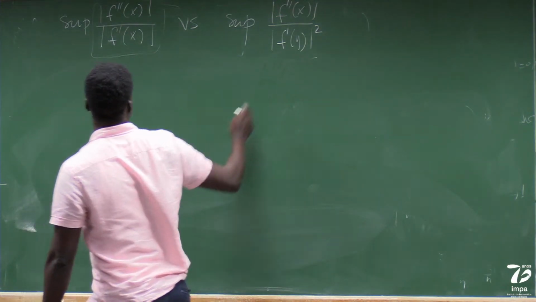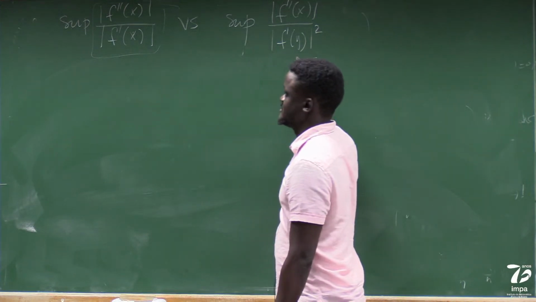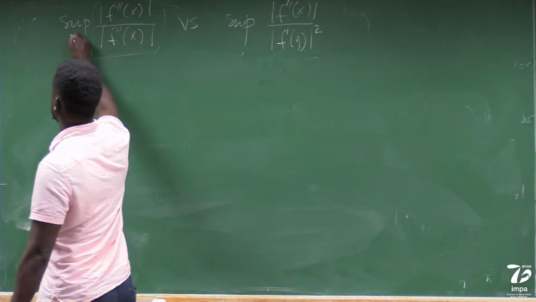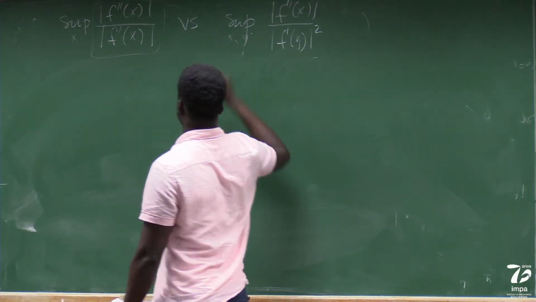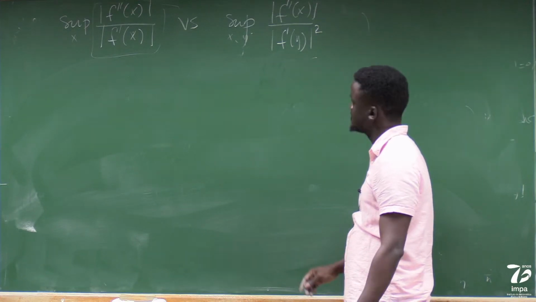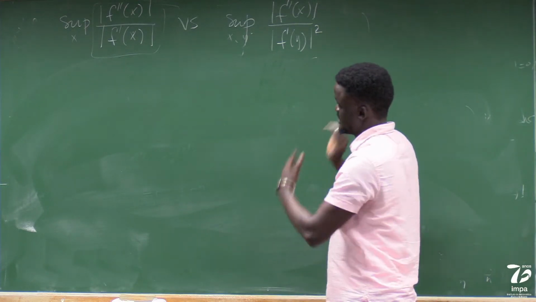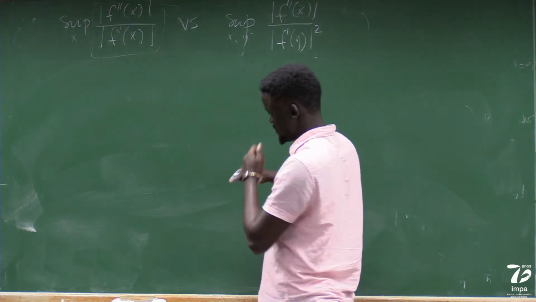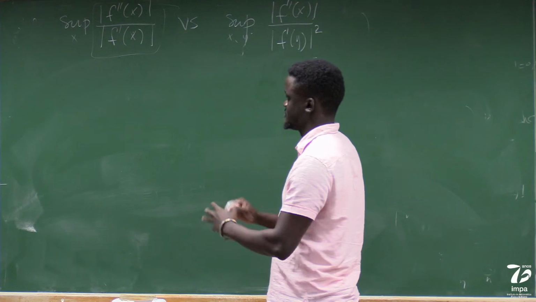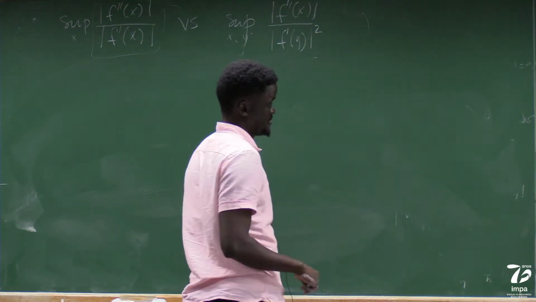If you have infinite derivatives somewhere, the other might create problems. This is just a supremum over x, and that is a supremum over x and y, and you might have points where this blows up. So if you have infinite derivative, or some singularity in your dynamics, maybe this one is better.